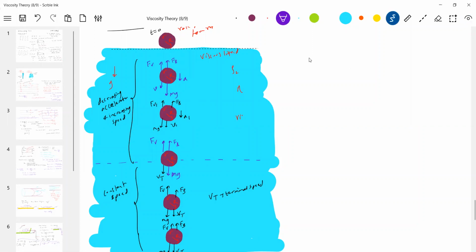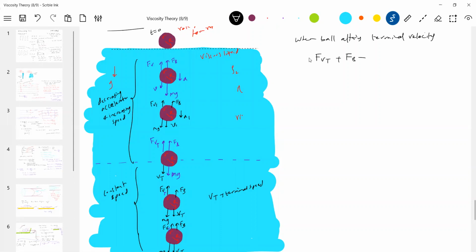So let's write this Vt. Finally, when the ball attains terminal velocity or moves with a constant speed, what should be the net force?